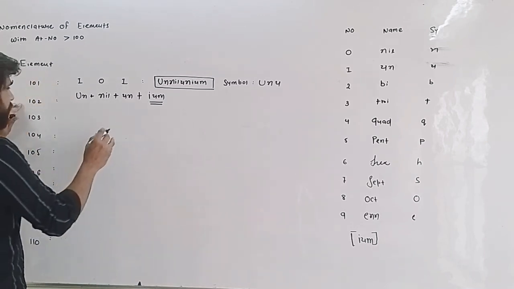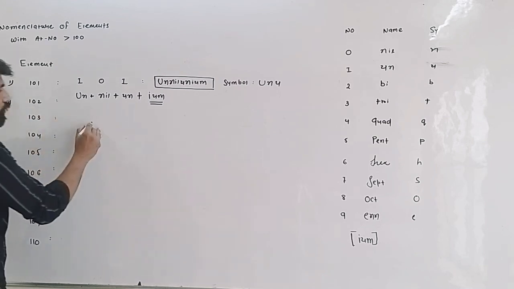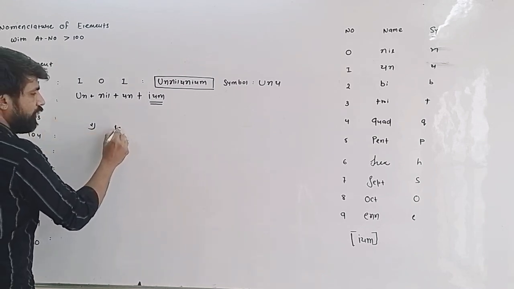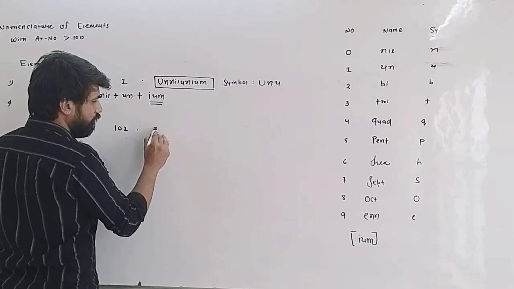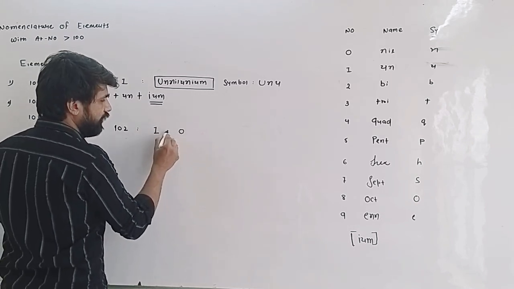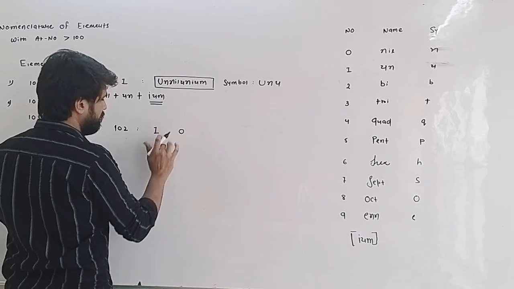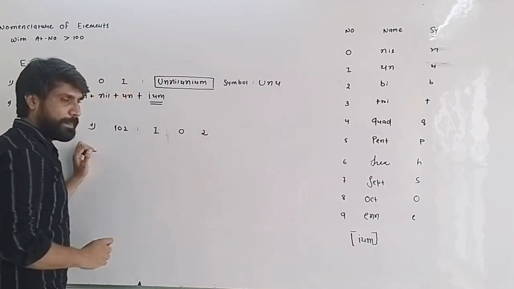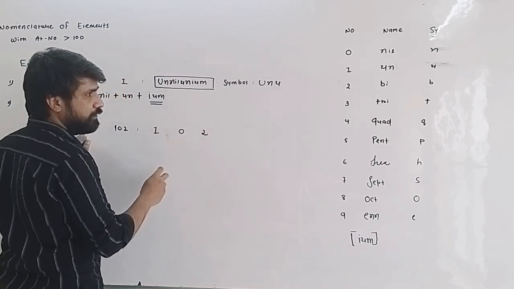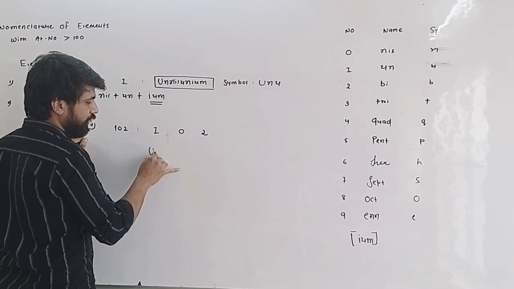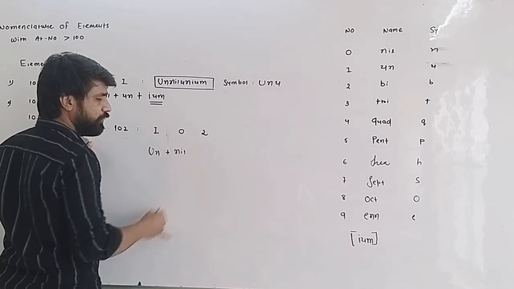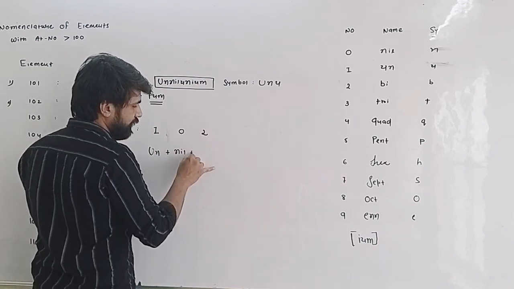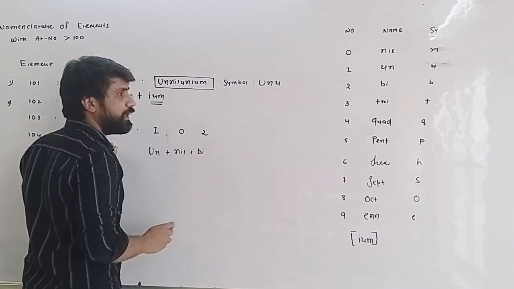Acha, go for the second. What is it? 102. The second one is 102. Now we are going to note it: 1, 0 and 2. Is it clear? What is the name of 1? Un. So first of all, un. Plus 0 means nil. So nil. What is the second one? That is plus bi.